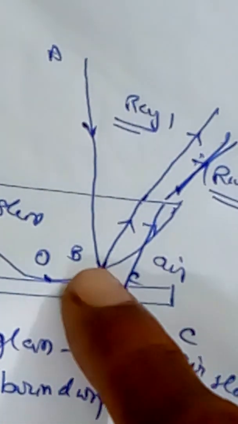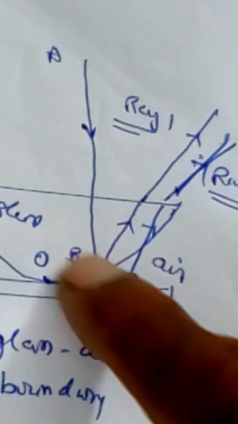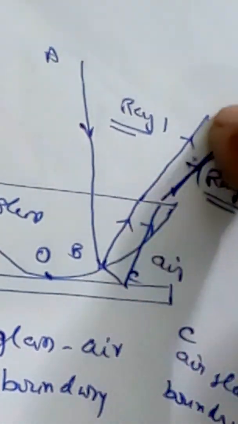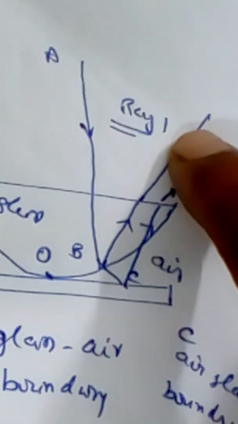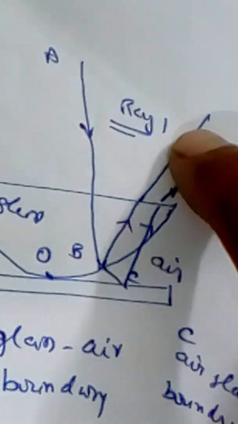The other part is transmitted from glass to air again. From air to glass, there is an additional phase change or path change, and then this gets reflected like this and emerges out. These two will interfere constructively to form bright fringes, destructively to form dark fringes. This is the basic idea of the formation of Newton's rings.